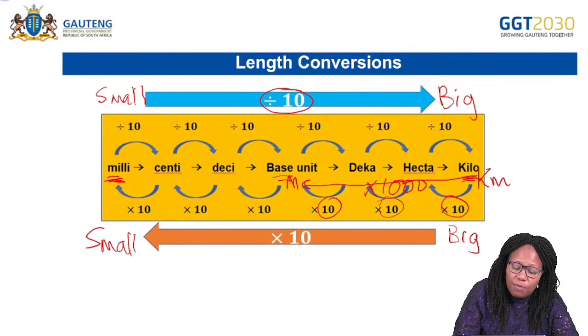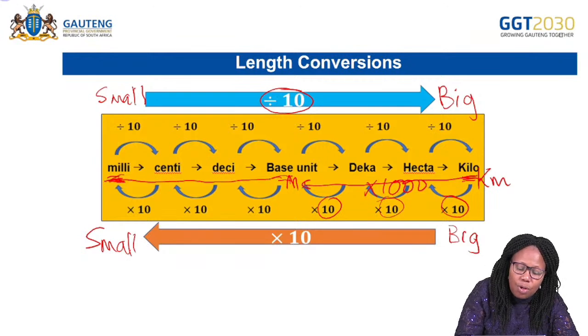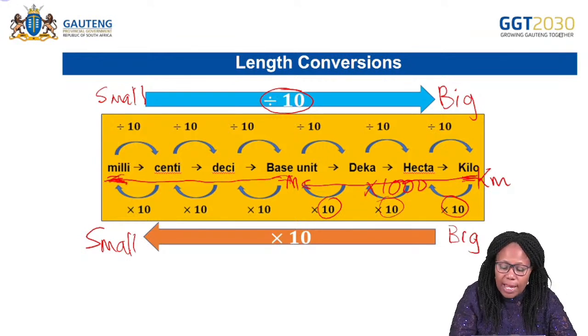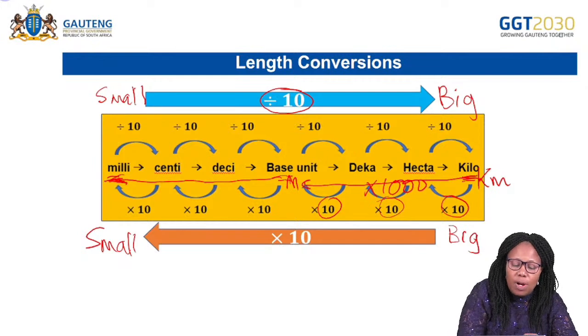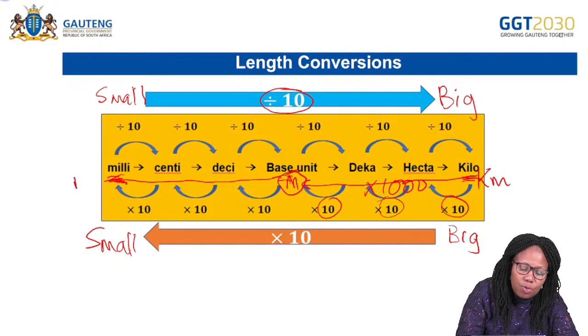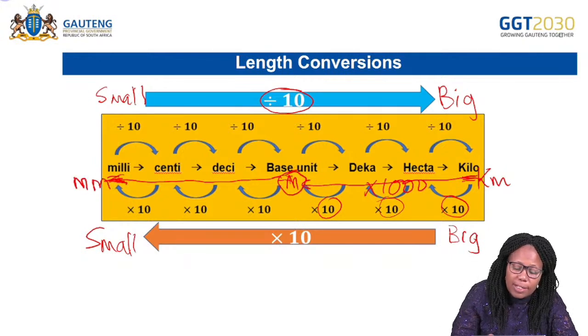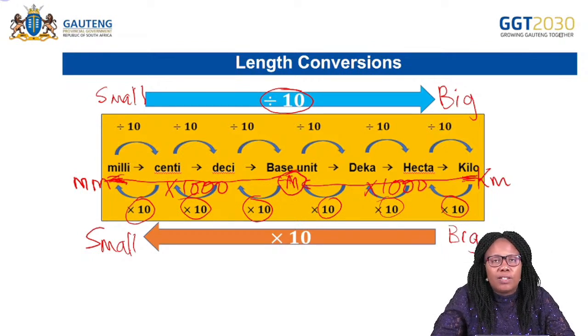Same way, if I'm moving from meters to millimeters, because I am moving from big to small, I will be multiplying. Let's check now. If I move from meters to millimeters, how many times have I moved? 1, 2, 3. Therefore this must be multiplied by 1,000, because I have moved 3 times to the left.